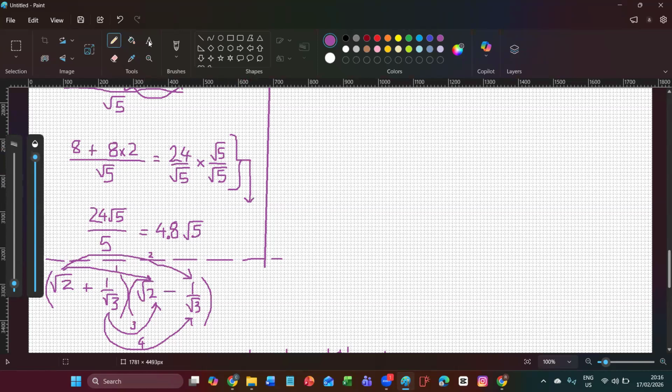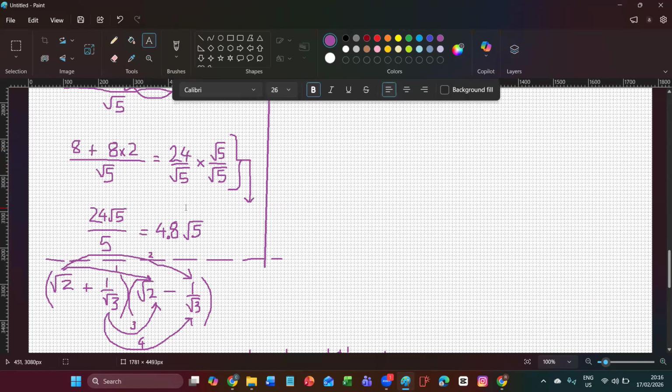It's called rationalization. That's a big word for something so simple, which is just get rid of the surd. You don't want the surd in the denominator.